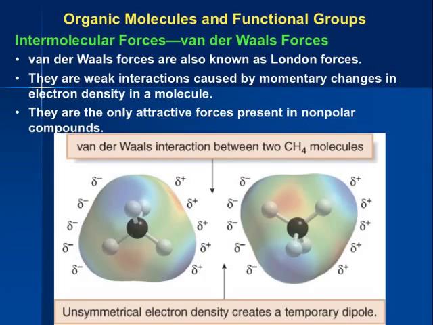We're assuming tetrahedral geometry. That's true. But we're assuming that the electrons are between two atoms all the time, right? Exactly between them. But every now and then, can't the electrons kind of move around a little bit, even within a bond? Absolutely. And so what happens is, in this case we're just looking at methane, sometimes the electrons will be more to one side than the other, and that creates a temporary dipole.